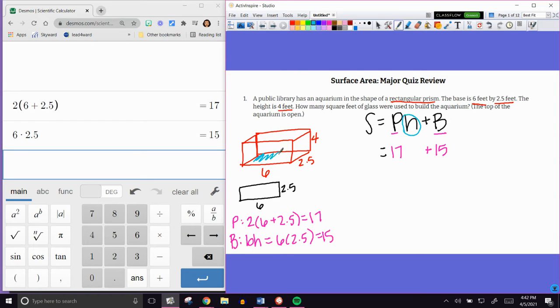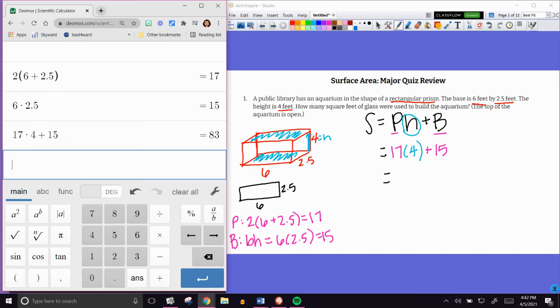So if this is one base, here is my other base, so the height of my figure is 4. I'm going to plug in a 4 here for my height. Now I can type this in, 17 times 4 plus 15. So my surface area is going to be 83, and these are feet squared.